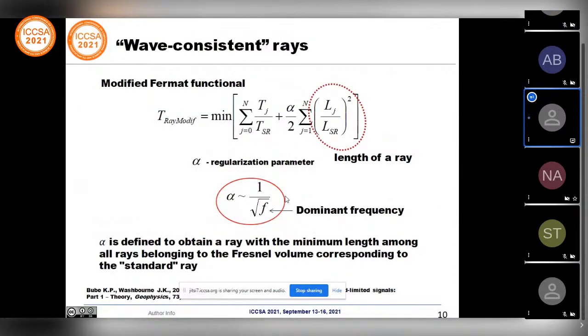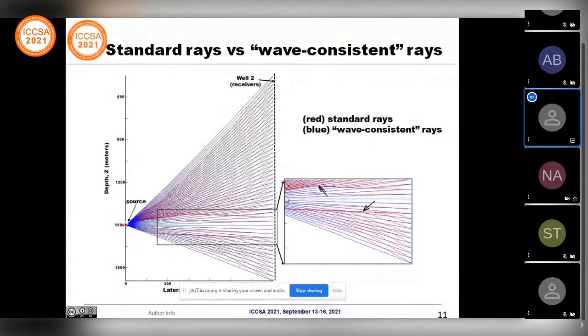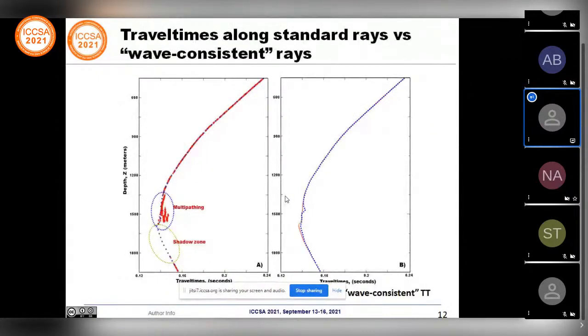Also, we proposed a modified Fermat principle, a modified Fermat functional. We minimize not only travel time, but also the length of a ray. It provides much better coverage of the rays. So we are satisfied. Travel times coincide, which is good, but the ray distribution using the modified functional is much better.